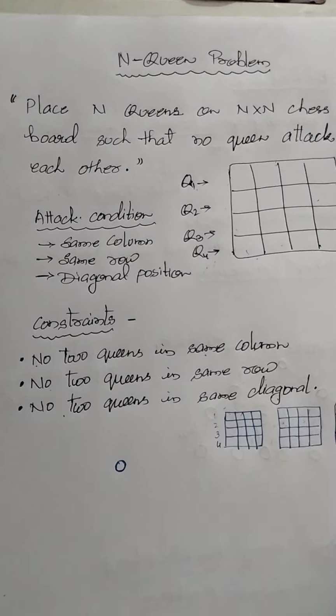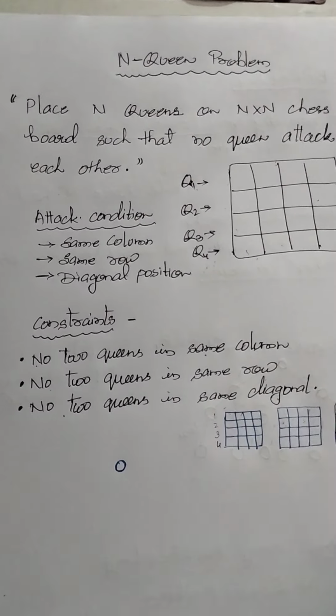No. Why? Because if we place q3 here, then q1 and q3 will be in the same column and can attack each other. So we kill that node and go one step back, where q2 is placed in column 3.